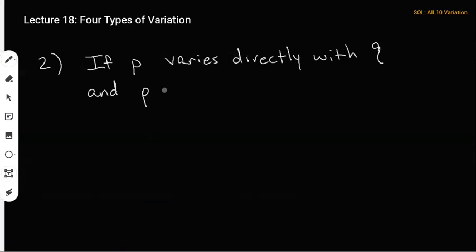We're going to say P equals 32 when Q is equal to 2. And then it's going to say find Q when P equals 80.